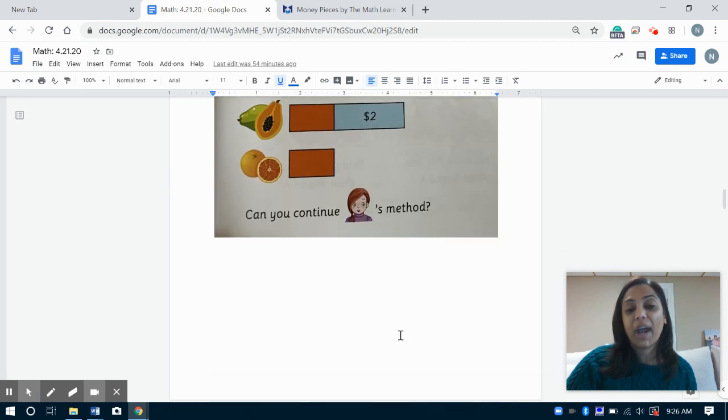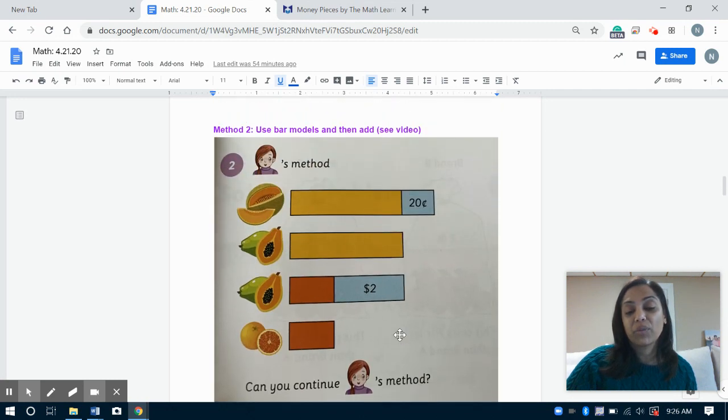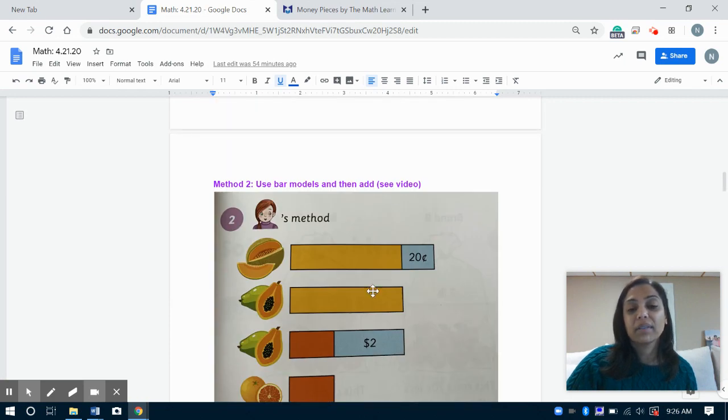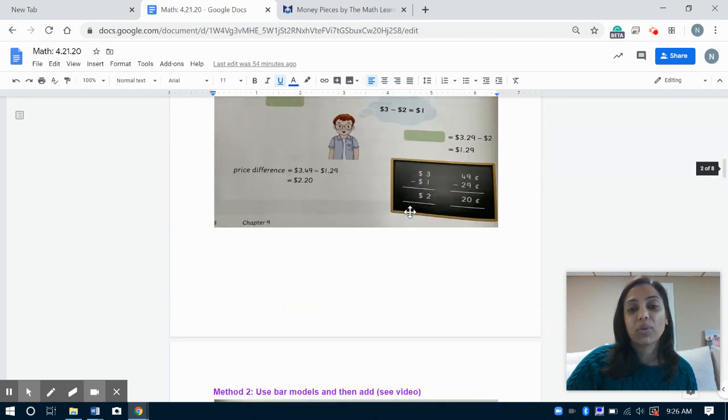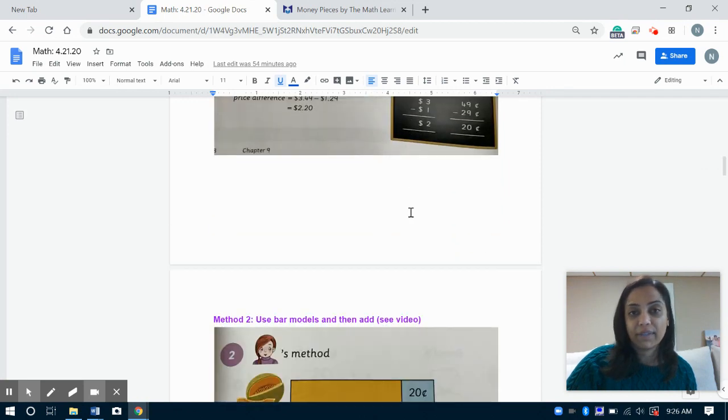So how do you figure out what the price difference is? In this case, what you would do is you would add the $2 and the 20 cents, which gives $2.20. That is the difference between the cantaloupe and the grapefruit. Okay, so this method may seem a little tricky. If method 1 works better for you, that's totally fine.